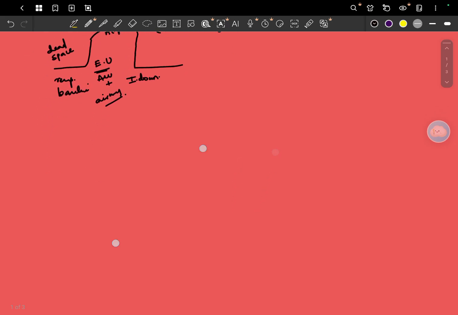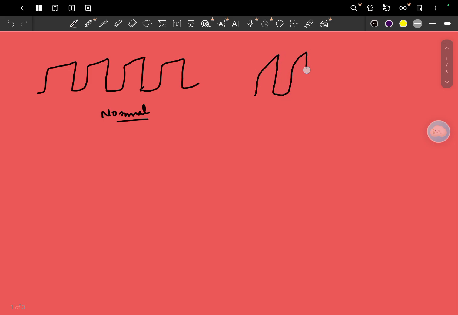So first one, if a graph looks something like this, then it is a normal capnograph. Now if it looks like this, it means there is loss of plateau.